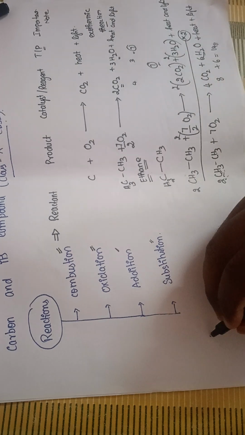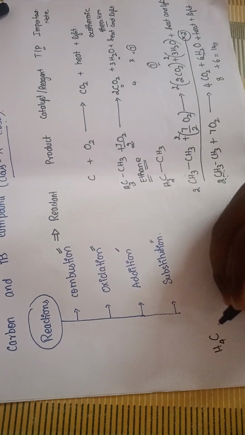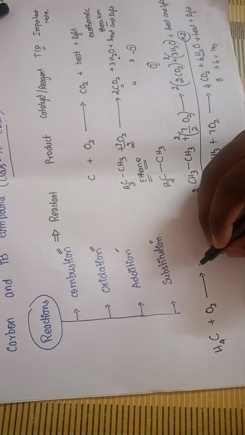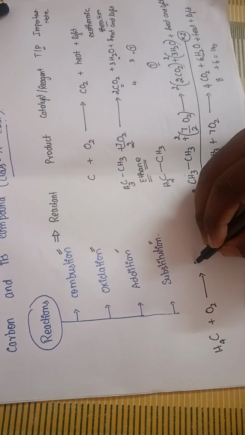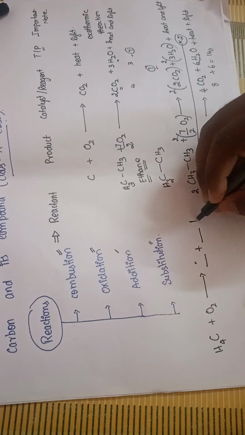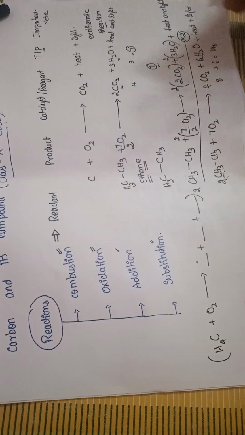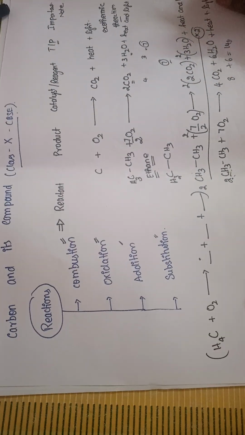You try to do it: what is the product when methane undergoes combustion? What will be the product? You try to do this. Okay, now next, what is the important thing we need to understand?